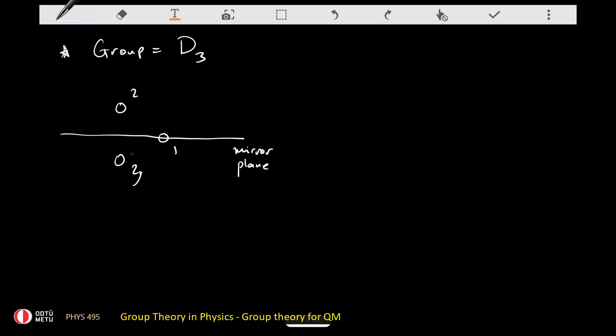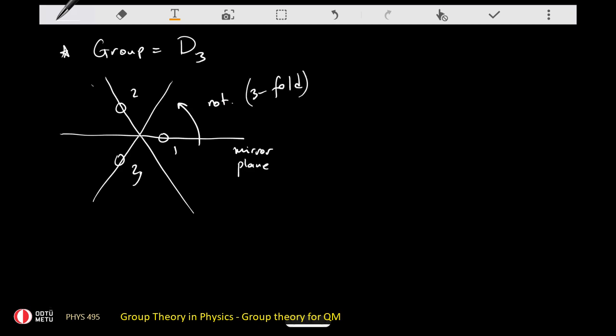What else? There are these mirror planes as well. I couldn't draw them symmetrically, so just imagine them to be symmetrical. There are these three operations in here. And what else? There are these rotations as well. So what we have is a threefold rotation axis at the center, and there are these mirror planes.